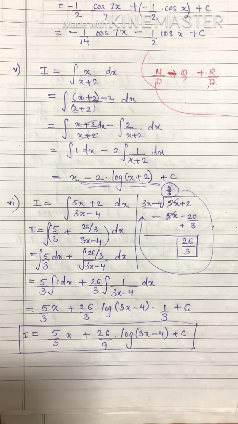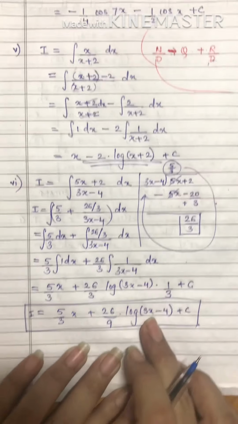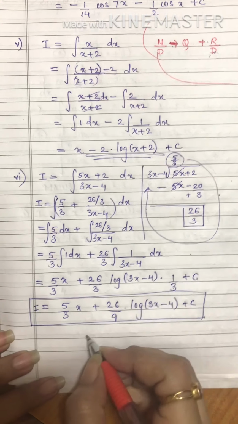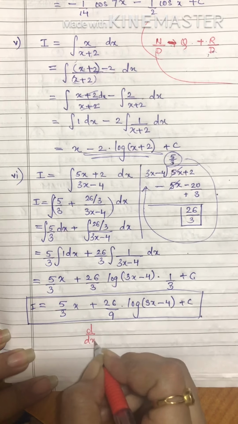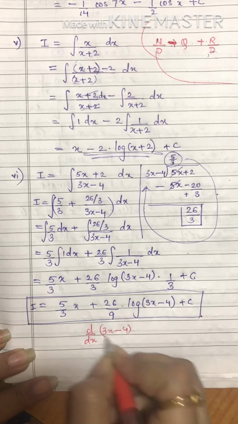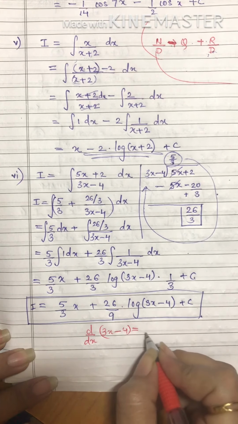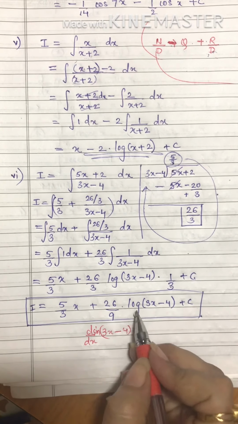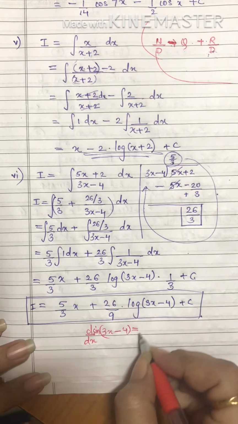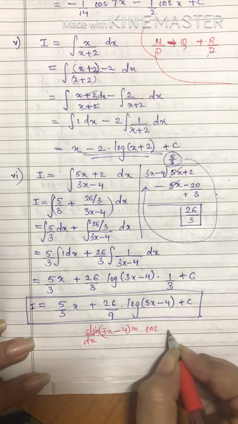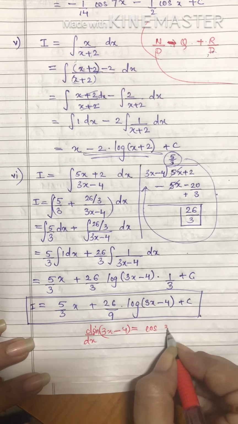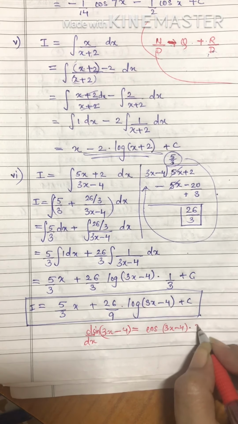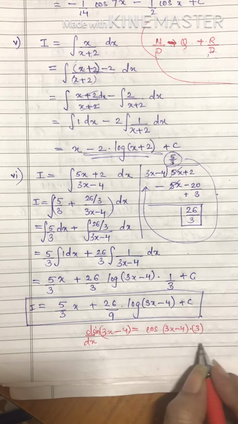I will just explain this part. When I'm saying upon 3, see, if it would be d/dx of sin(3x - 4), what answer do we get? We get cos(3x - 4), and then into d/dx of (3x - 4), that would give us 3, right? You remember this composite function?